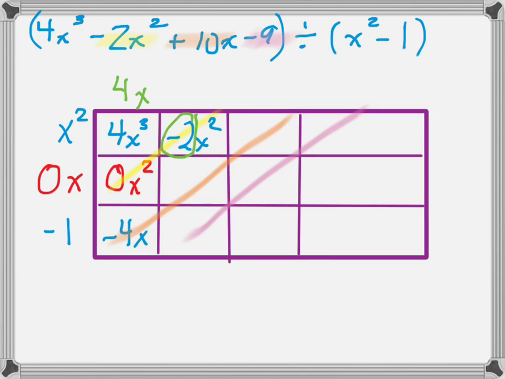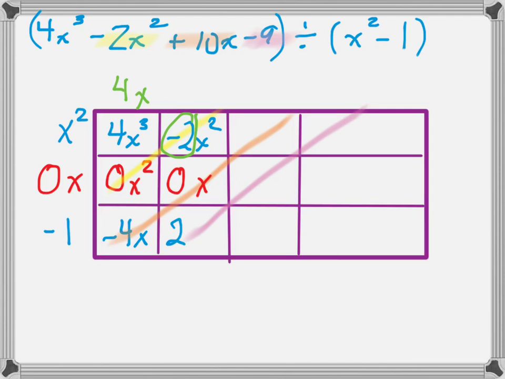So negative 2 times 0 is 0. So that's going to be that 0 row. We step down 1 in the degree, so x. Now to get the next row, negative 2 times that negative 1 is 2. And then we step down 1 in the degree. Do we have any more x's left? No.